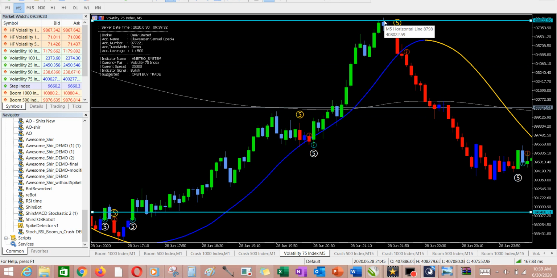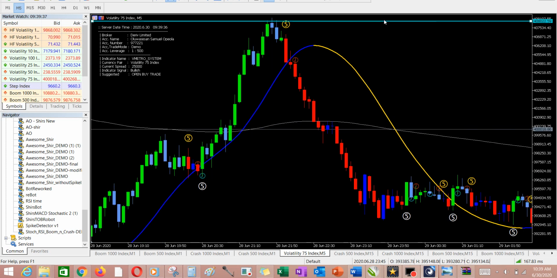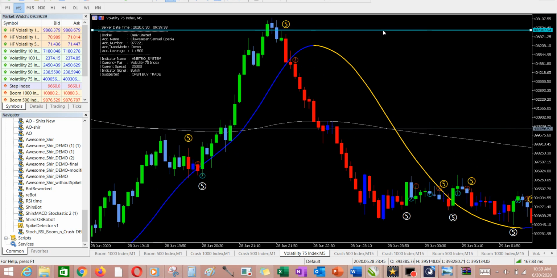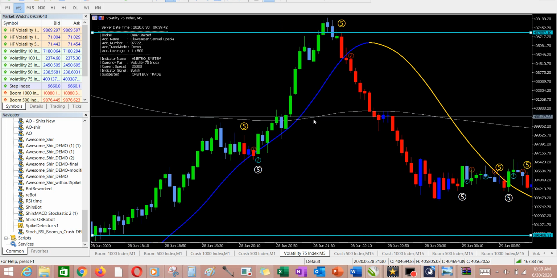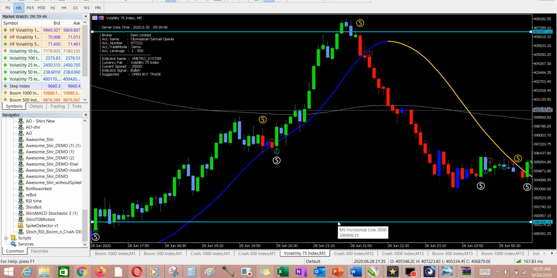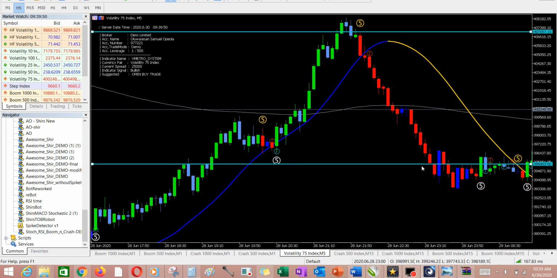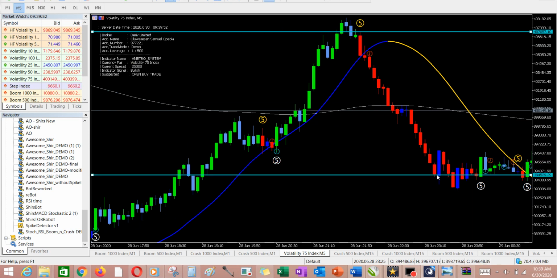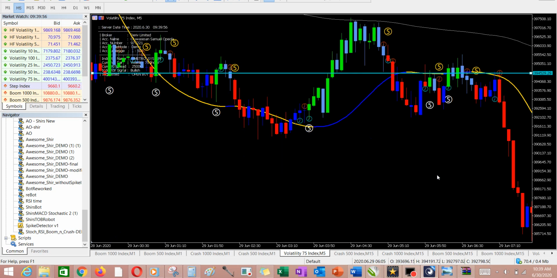And once you exit there, you can still turn the table around and trade a sell trend and trade it down again, coming from here and exit the market here again. Isn't that amazing? This is an amazing 5-minute trading strategy.